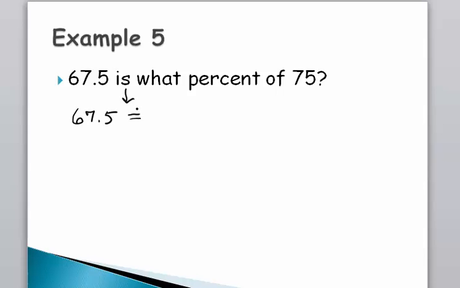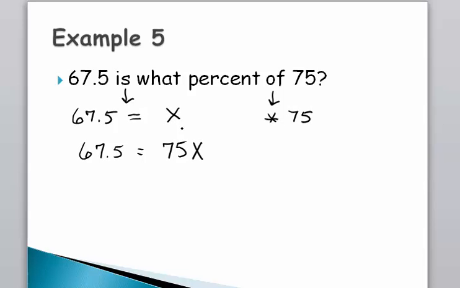What percent? That's what we're looking for, so we'll let that be an x. The of reminds us to multiply. And then we have 75. So our equation, simplifying it a little bit, looks like 67.5 is equal to 75 times x.